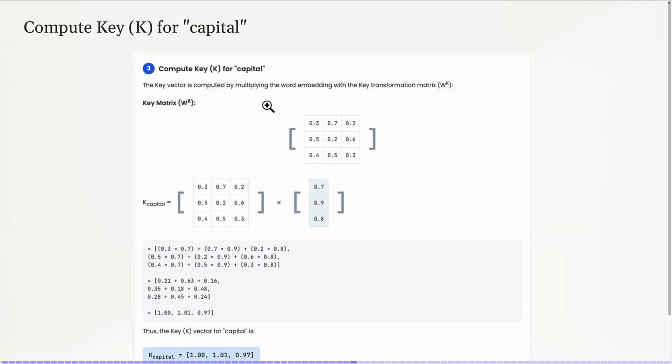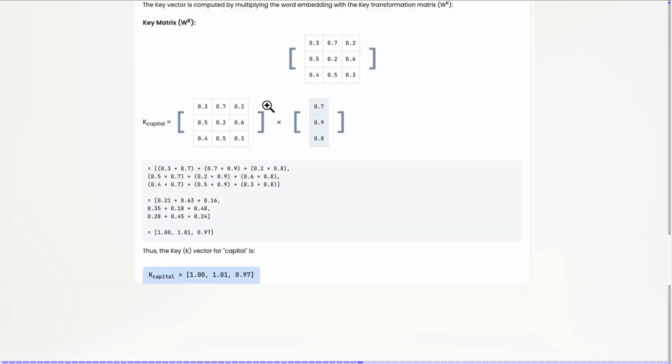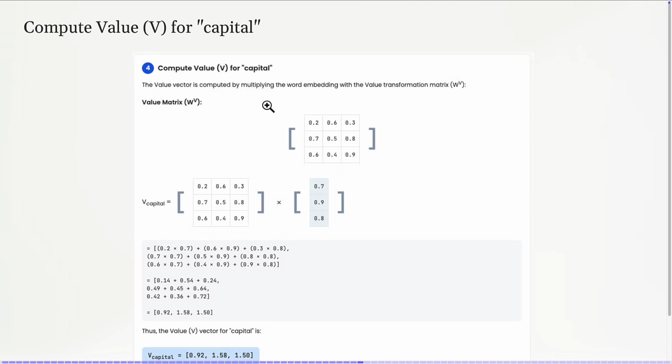And I will do the same thing with the key matrix. The key matrix and query matrix are shared for all. They will have a dot product. Every self-attention module will have a key matrix, query matrix, and value matrix. And we calculate the query, the key, and the value. Okay, now we understand this one.